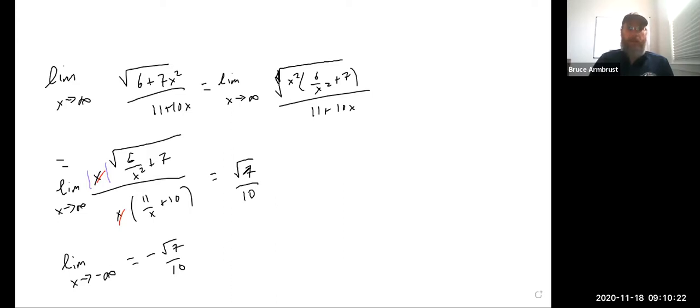The only difference between going to plus infinity and minus infinity is how the canceling or the simplifying of these x's behaves. That's the only thing that's different. Whenever you have absolute value of x over x, it's equal to +1 or -1, depending upon where we are. So it's either going to be positive or negative.